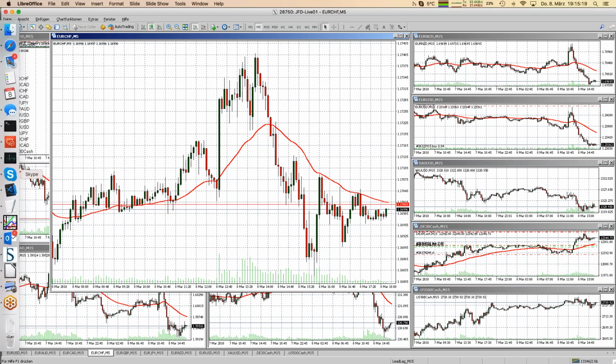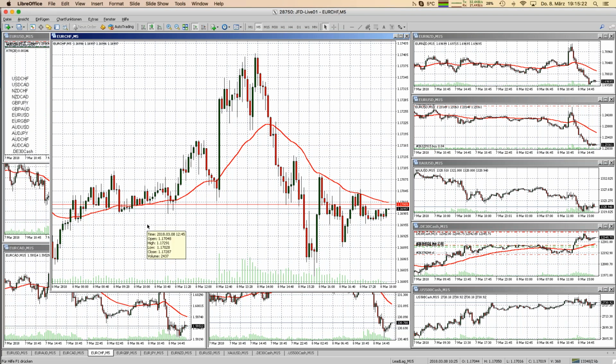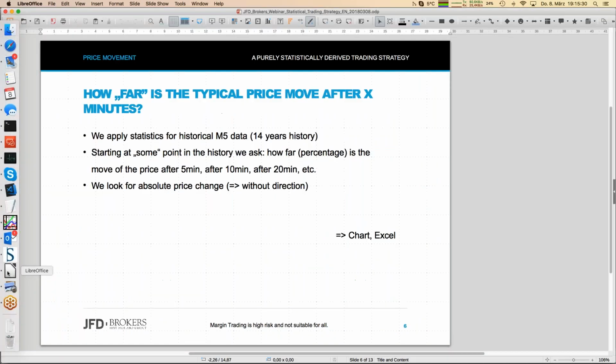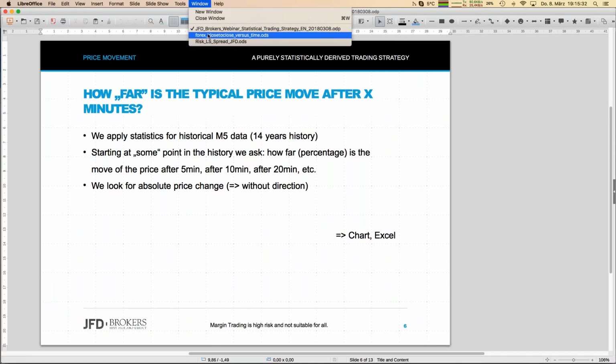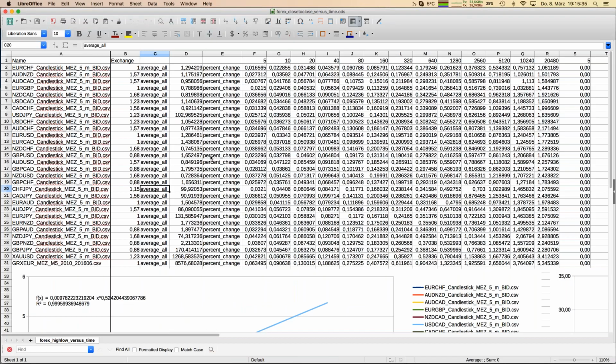So I get not the time meaning years, year 2001, year 2010, and so on. No, the average, and you will see the results here. It's a big table. I did that investigation for 28 forex pairs and additionally for gold.